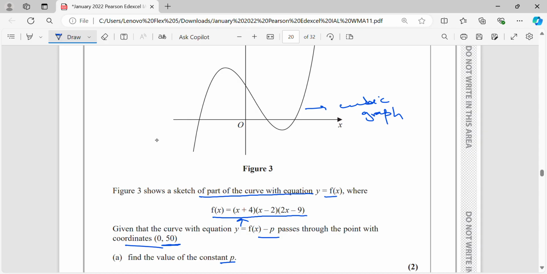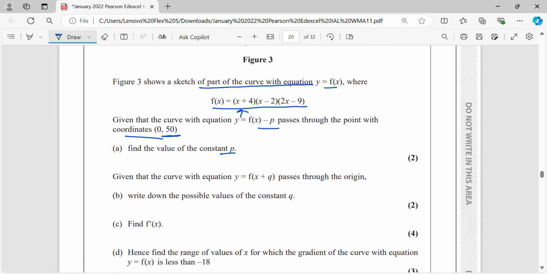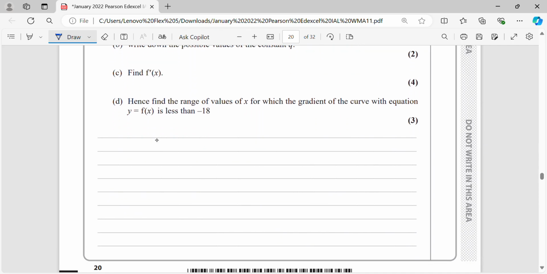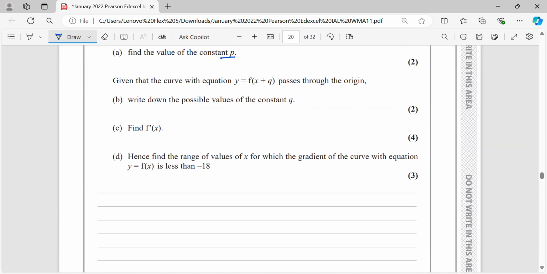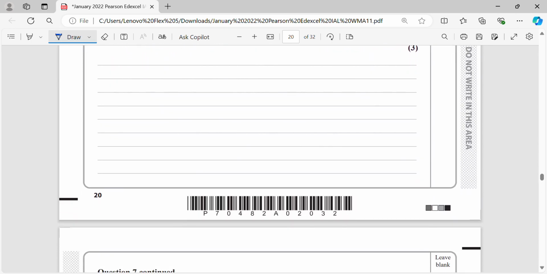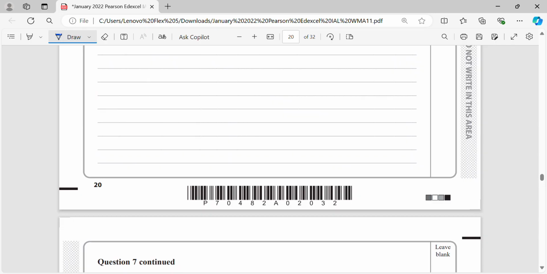Okay, so let's first find out the equation for f of x. Let's copy down the question. f of x equals (x plus 4)(x minus 2)(2x minus 9).